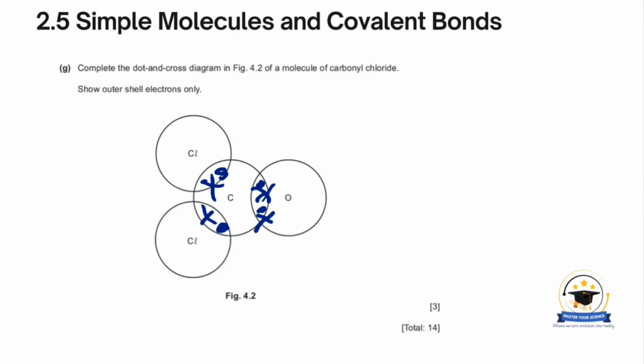Now for chlorine, we need to fill in the other 6 electrons. So quickly fill those in.